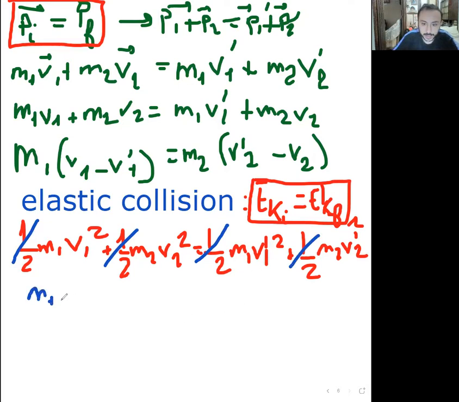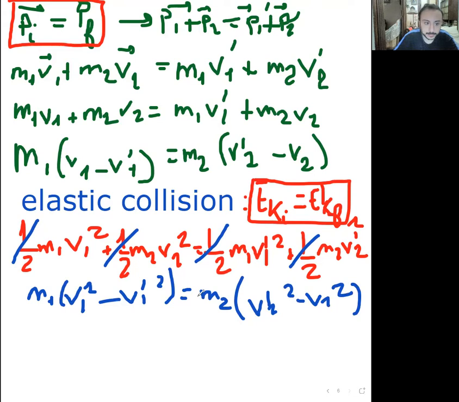And I bring m1 factor of v2, I bring this here, it becomes minus. Okay, if it's not clear, I can explain it again. v prime, m2, okay, that's it.